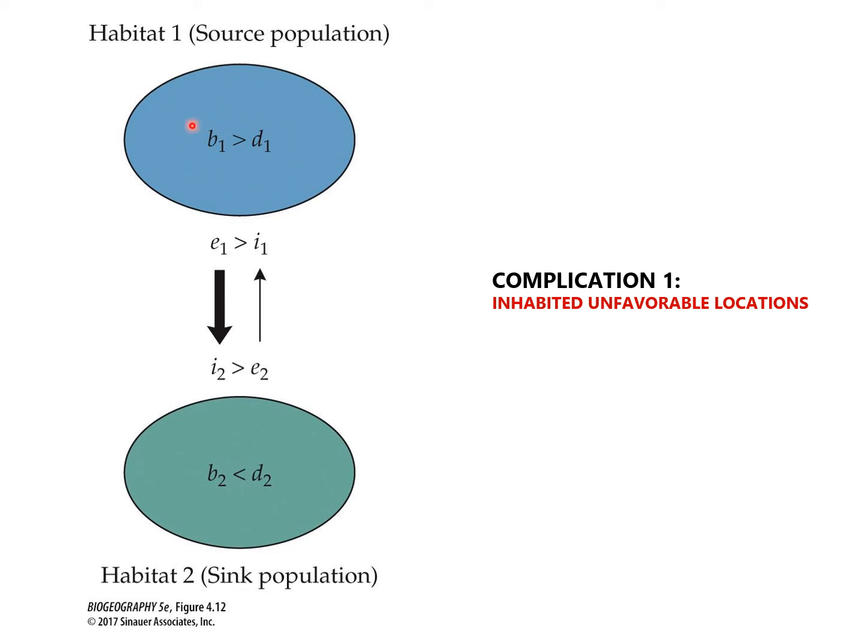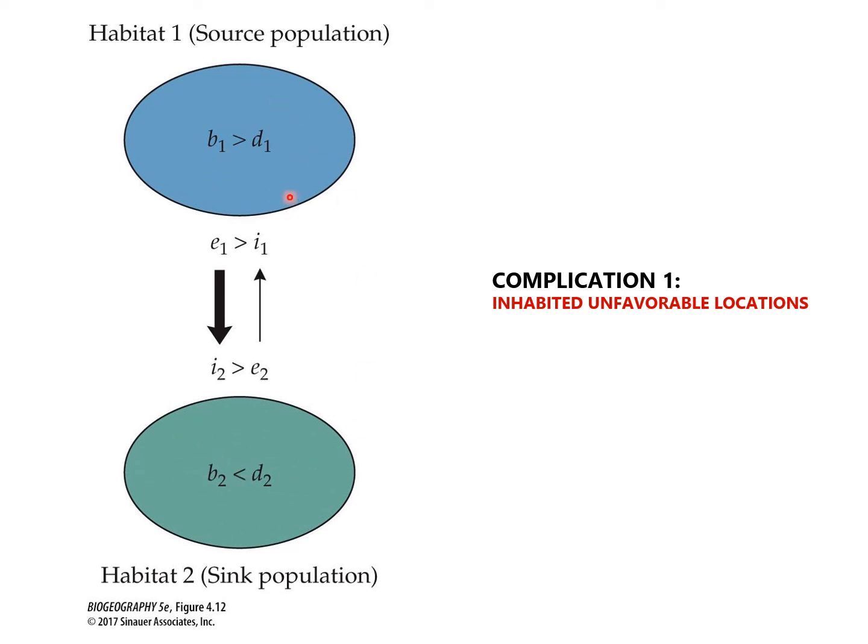So the population is growing here, and individuals are immigrating to another location. And this location, we'll consider to be unfavorable. Here, the births are less than the deaths, so the conditions are not favorable, and organisms die more often than they are born, for whatever reason. So this would be the source population, and this would be the sink population.